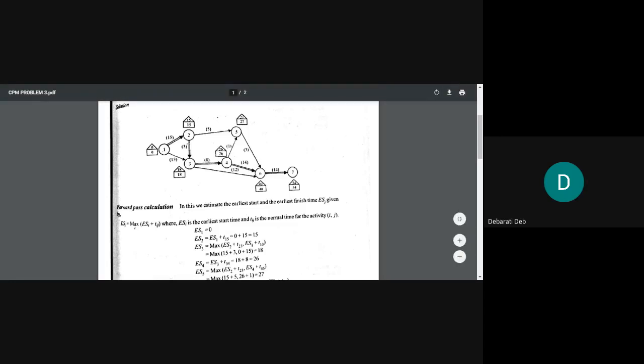Then come to the calculation part, the working part. You write ES2. ES2 is equal to ES1 plus T12. T will be 1, 2, not 1, 5. 1, 5 is 15, that is the duration in days. But it will be T12.